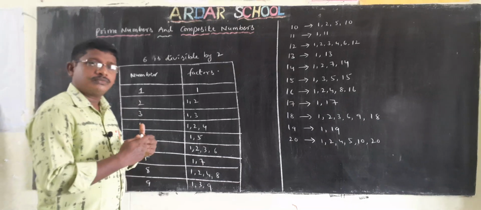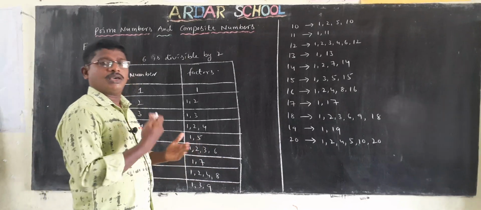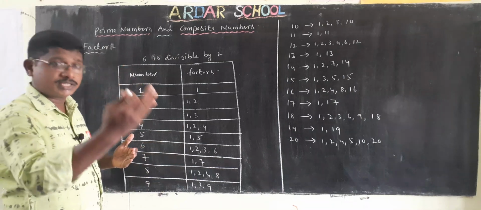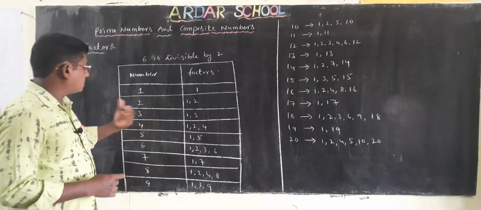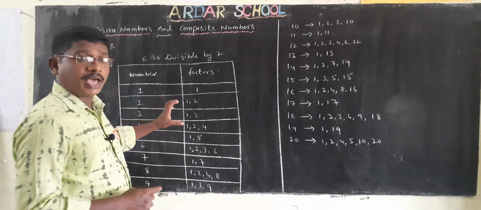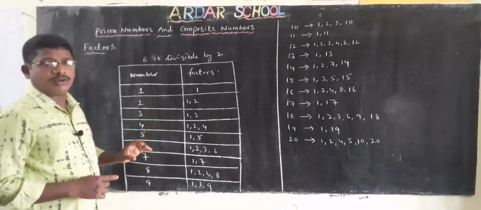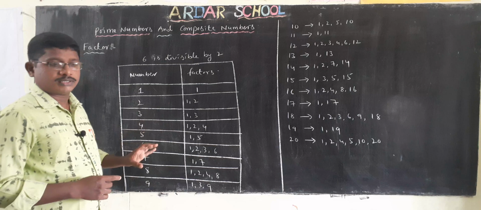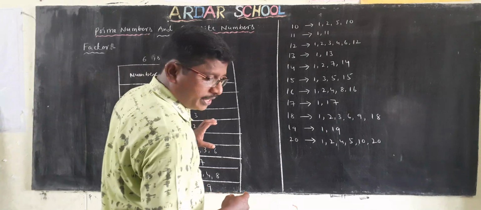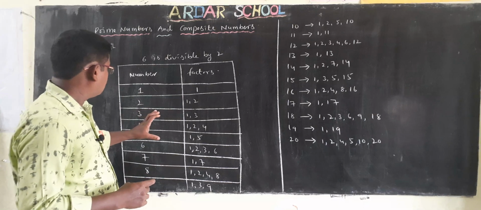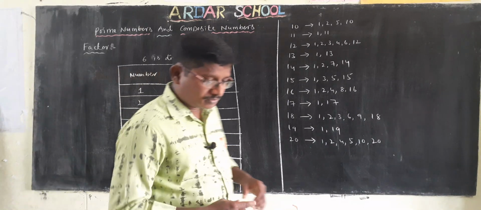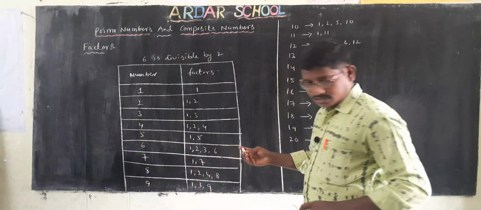Every number is a factor of itself, and that is the greatest factor. Next, every number has a fixed number of factors. Third point is every number has more than... greatest.